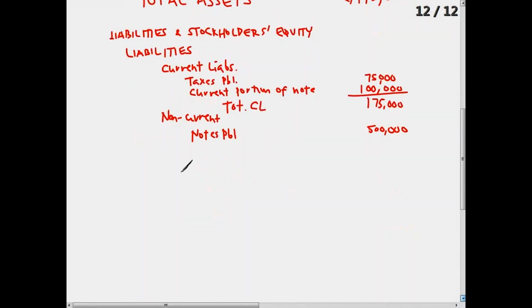Okay, now how about shareholders' equity? Okay, we have common stock. What else? Retained earnings.